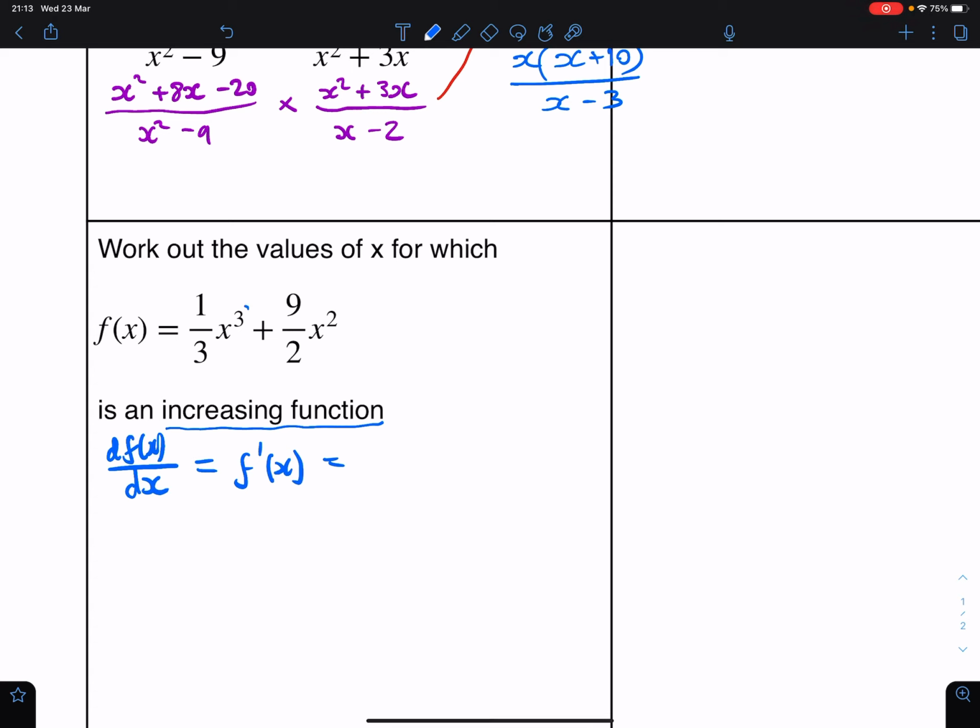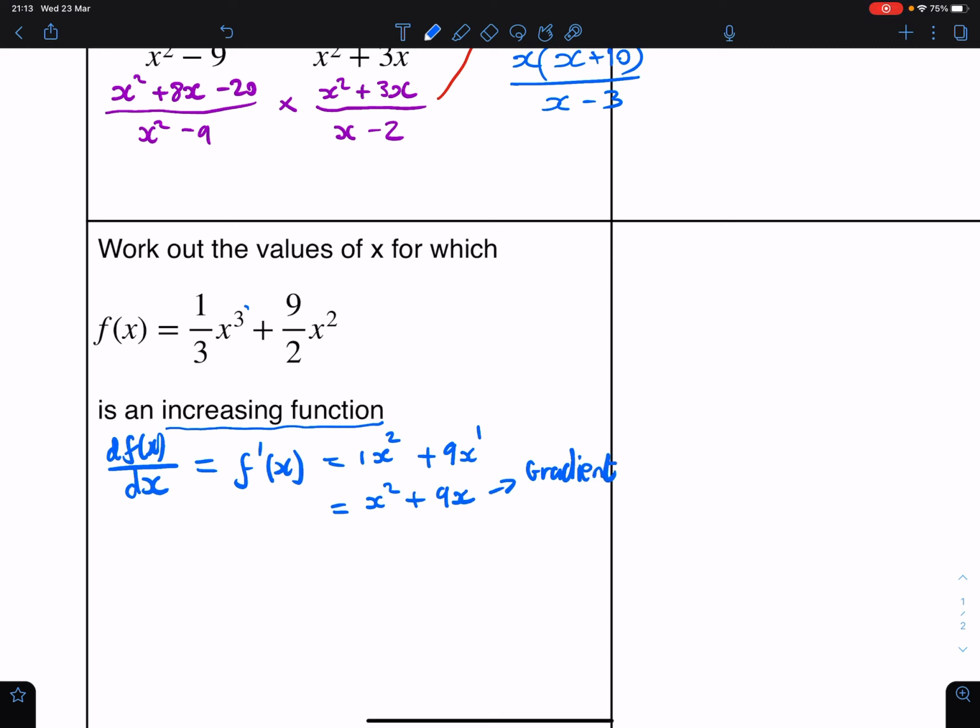We take the power down, this is 3 in this case. 3 multiplied by a third is just 1. x, and then take 1 away from the power, so squared, plus 2 is the power of the next one, multiply it by 9 over 2, that's going to give you 9, x, and then reduce the power, it gives you 1. So it's tidying that up, that gives us x squared plus 9x. So this is the gradient, the general gradient function.